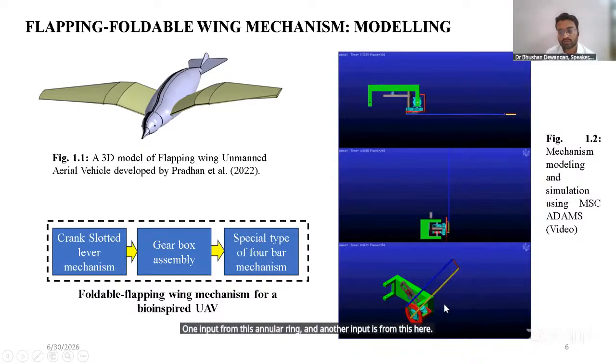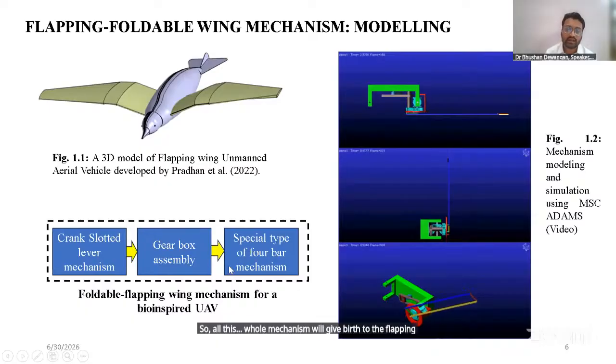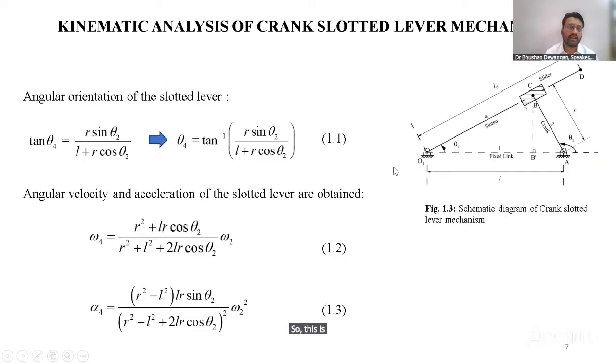So this whole mechanism will give birth to the flapping motion. Rather, I would say the foldable flapping wing mechanism we will develop. So this is the kinematic analysis of the crank slotted lever mechanism.